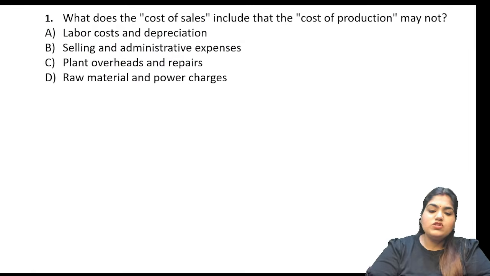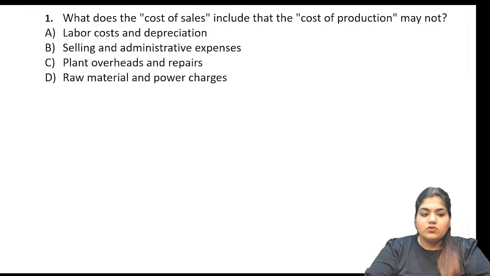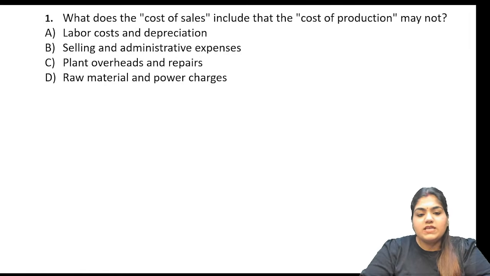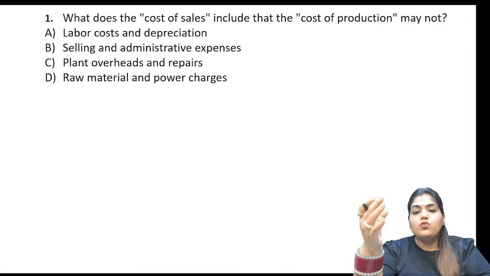Question number 1 is on the screen. What does the cost of sale include that the cost of production does not? Cost of sale means the expenses that we are doing to sell the product.